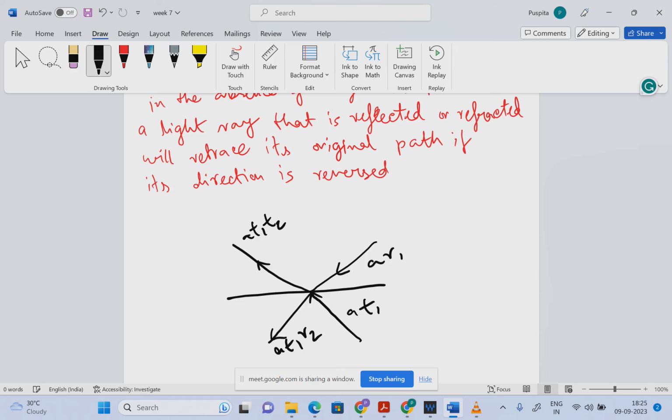The coefficients are R2 and T2 when the ray is incident from medium 2 on medium 1, and R1 and T1 when the ray is incident from medium 1 on medium 2.